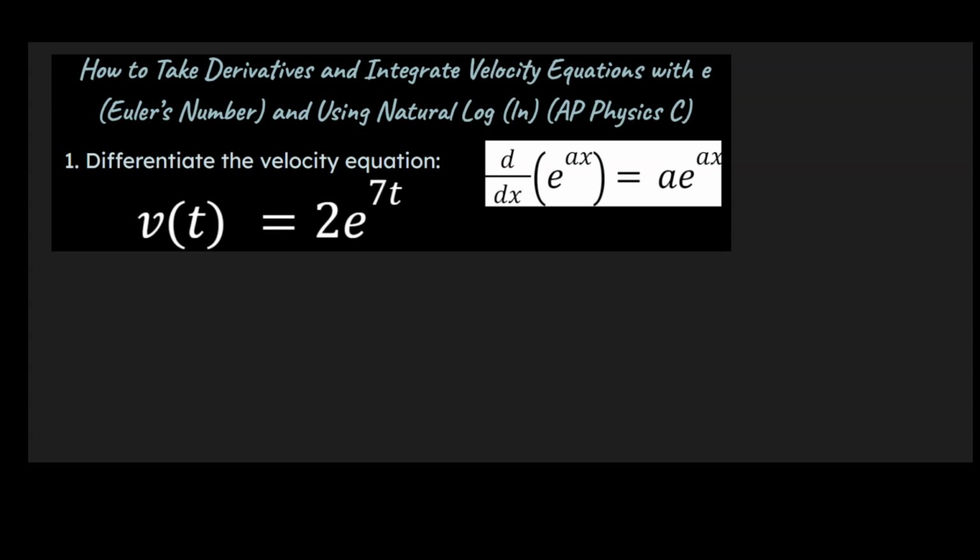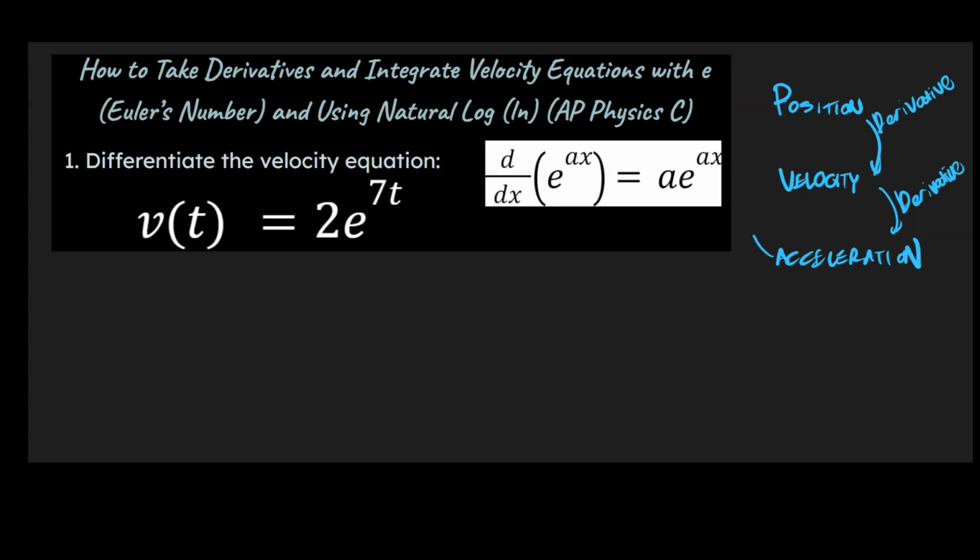Alright, so just a super quick recap. I'm not going to do this whole recap, but if you have a position equation and you take the derivative, you end up with a velocity equation. And if you take the derivative of a velocity equation, you end up with an acceleration equation. And if you want to go backwards, you find the integral. So we've been talking about these ideas lately, and I just want to emphasize if you're taking the derivative of, say, a position equation, you're going to get the instantaneous velocity.